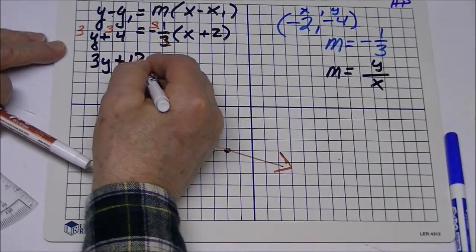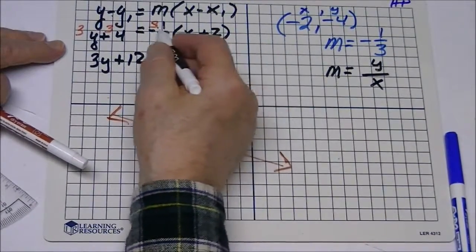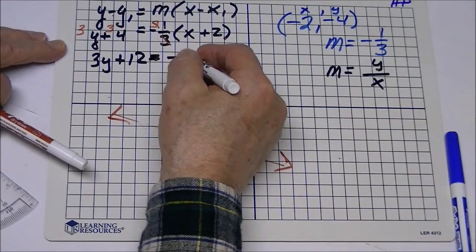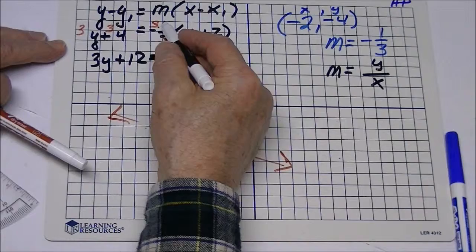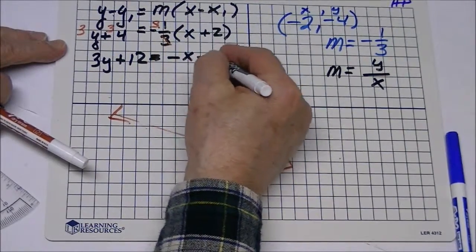plus 12. Now here they cancel out, but we need to clear parentheses. So this is a -1 times x is a -x. This is a -1 times a +2, which will be a -2.